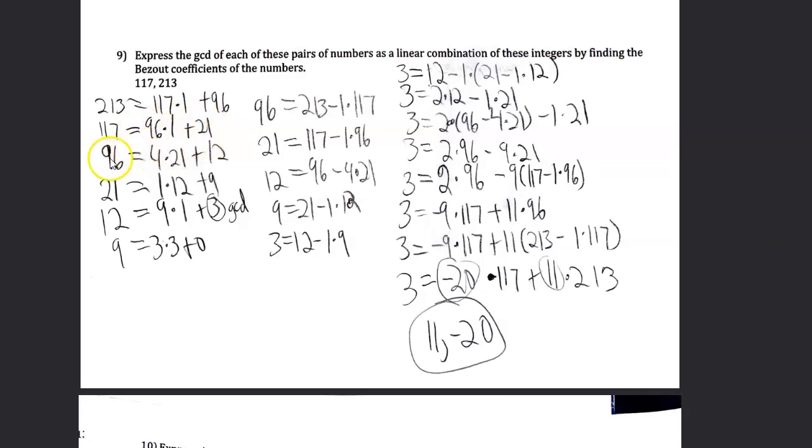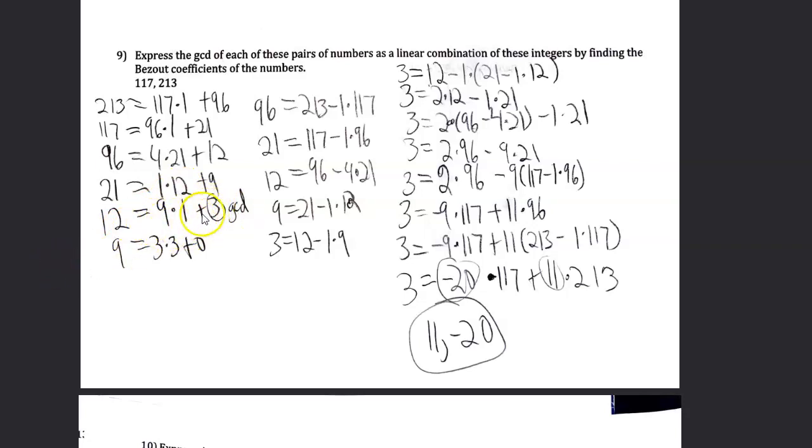Then 96 equals 4 times 21 plus 12. Then take the 21 down here, so 21 equals 1 times 12 plus 9. And finally we get to 12 equals 9 times 1 plus 3.